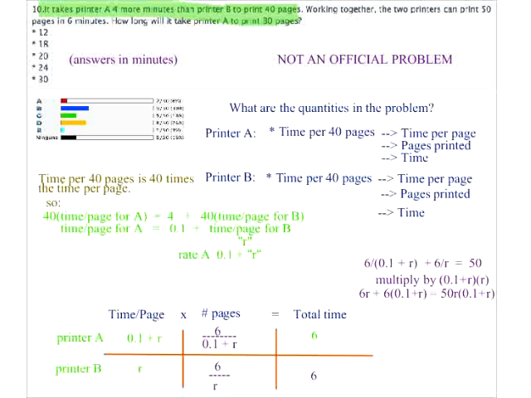That's 6R plus 0.6 plus 6R equals 5R plus 50R squared. So that looks like 0 equals 50R squared minus 7R plus 0.6. Ew, this is gross.